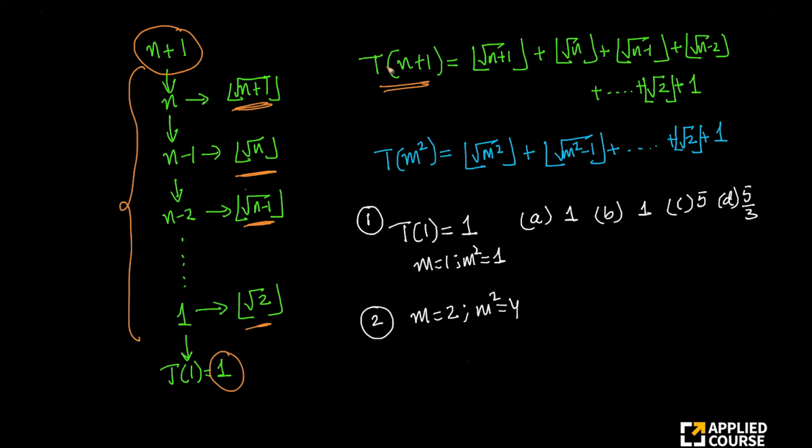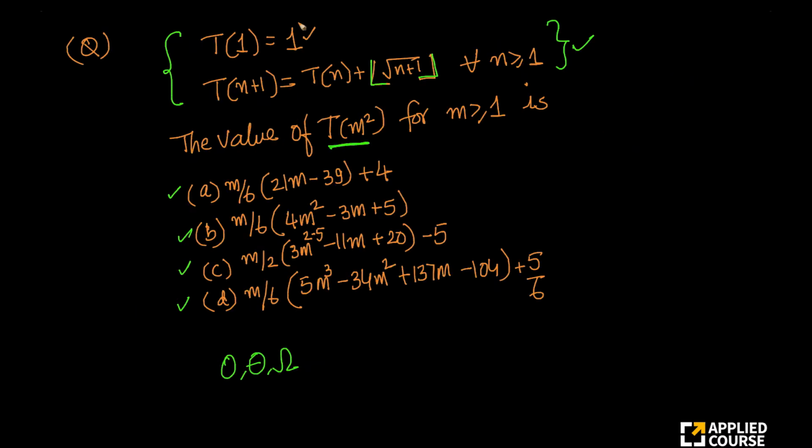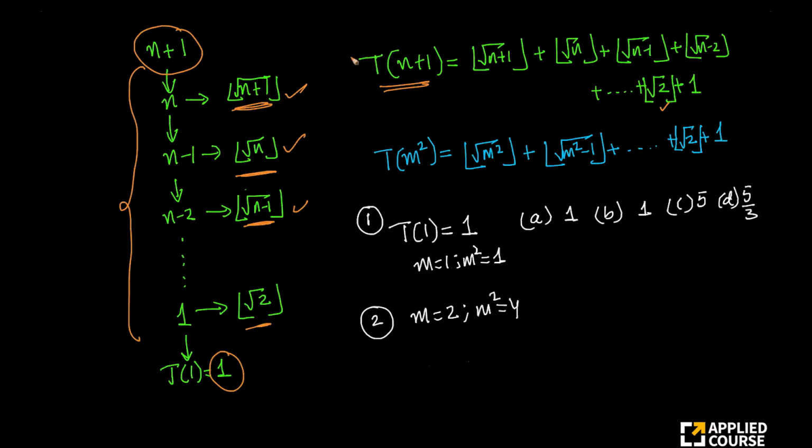So if you notice, T(n+1) is floor of square root of (n+1), plus floor of square root of n, this term, this term, up to floor of square root of 2, plus 1. So I've basically taken this recurrence relation and simplified it to obtain this. Very straightforward, nothing very fancy till now.